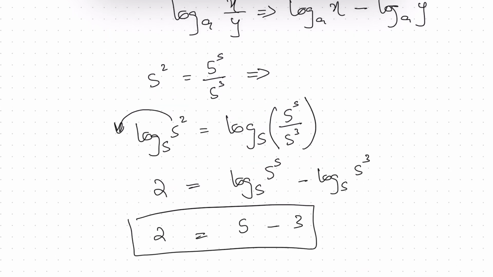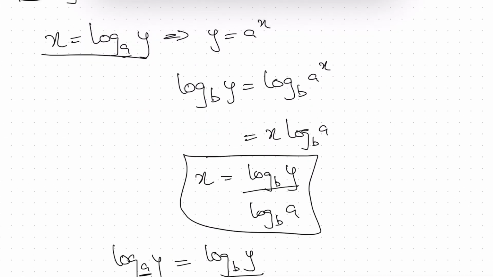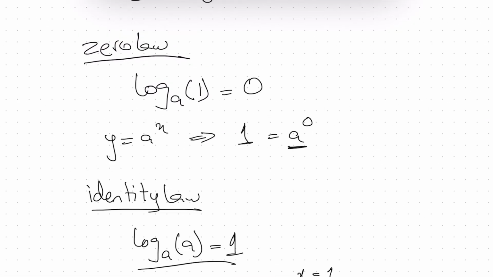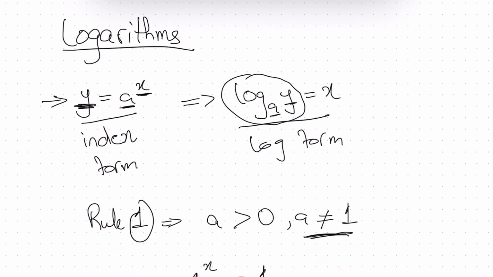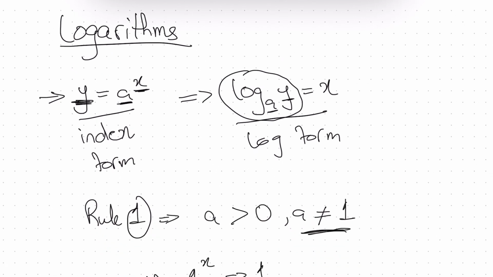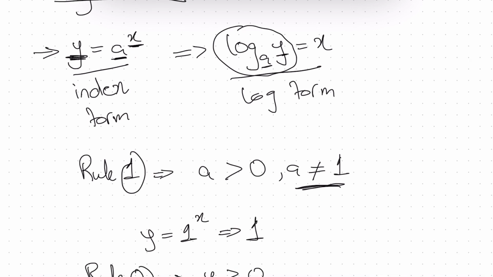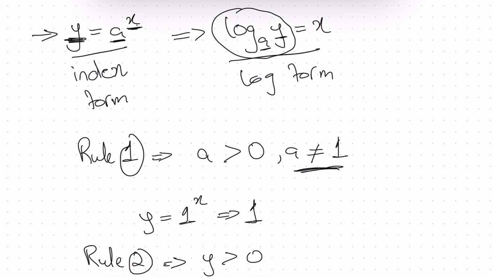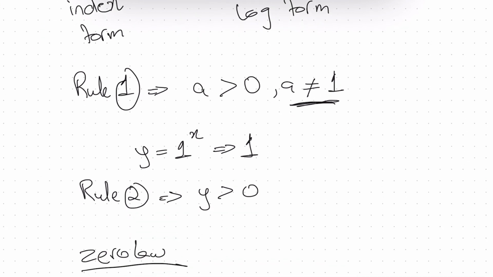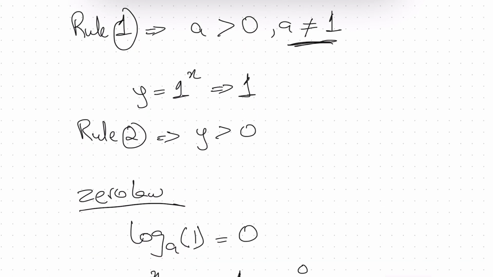So let's do a super quick recap. What did we do? We saw what an index form is and how it looks in log form. We have a base, a power, and the number that we get when we solve the base and power. We have rules that a should be positive and a cannot be equal to 1. Another rule was that y should be positive.